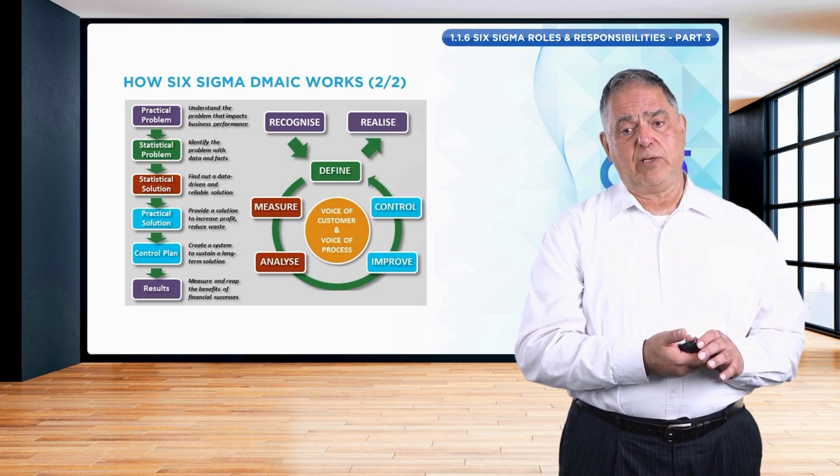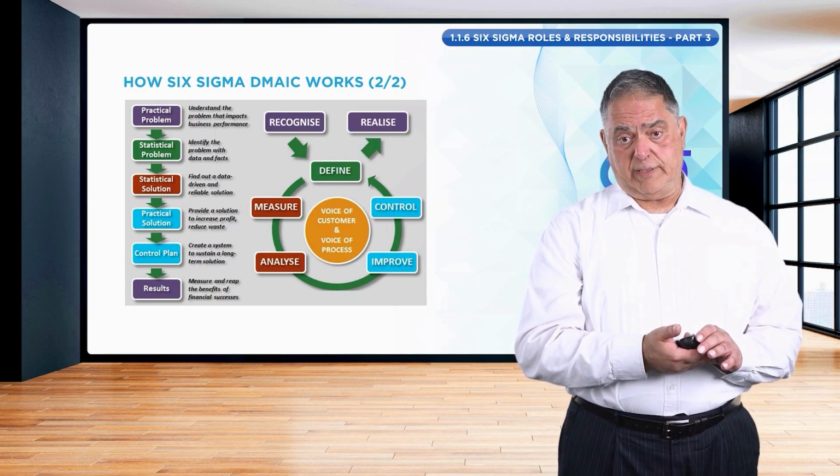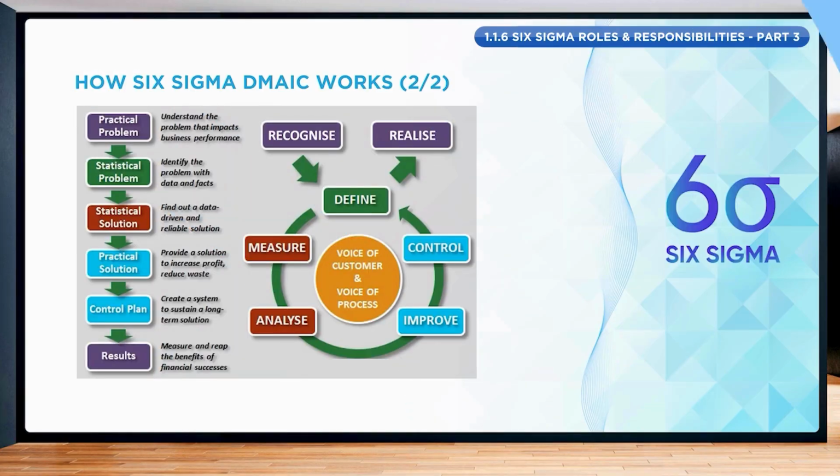So if we take a look at the right part of the figure, we see that at the beginning of a project, we recognize that we have a business problem that must be resolved. This is associated with the so-called problem statement.